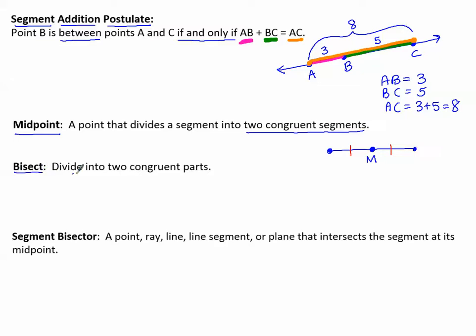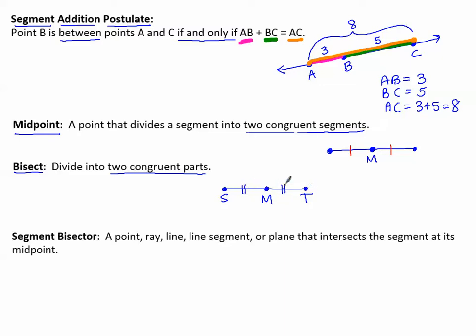Bisect means divide into two congruent parts, just like the midpoint. Let's draw a picture and we can discuss this segment using this verb bisect. We'll call this segment ST and label M as the midpoint. We'll show that it's the midpoint by showing congruent marks for this segment and this segment.